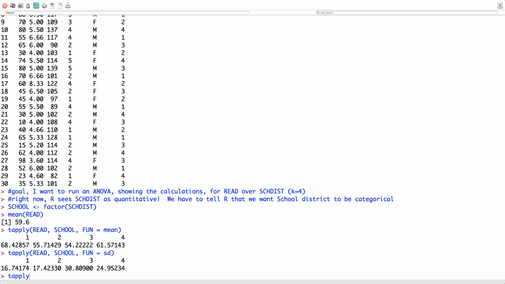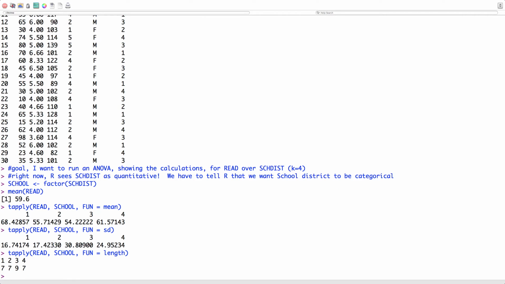Alright gang, I don't know what the sample sizes are. I'm glad I checked. I thought they were equal sample sizes, but they're not. So 7, 7, 9, 7. And just so there's no misunderstanding, 7 plus 7 plus 9 plus 7, what do we have, 30 is our grand sample size.